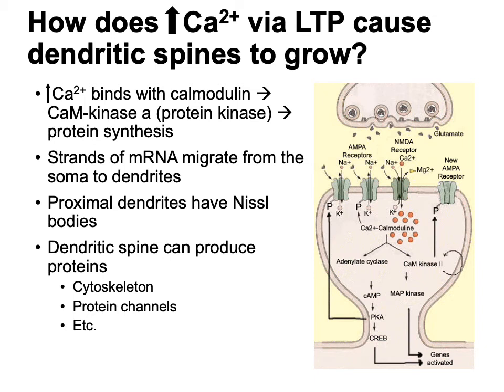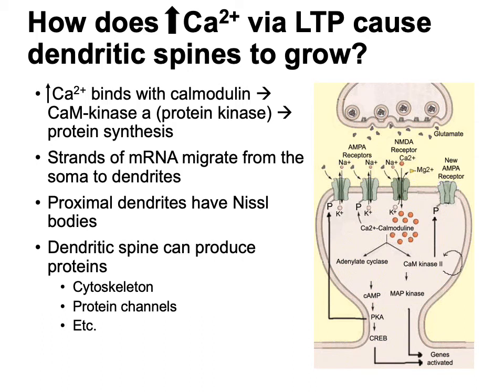You'll have strands of mRNA that migrate from the soma to the dendrites. The proximal dendrites also have Nissl bodies which are able to synthesize proteins. The dendritic spine can produce enough proteins, cytoskeleton, protein channels.